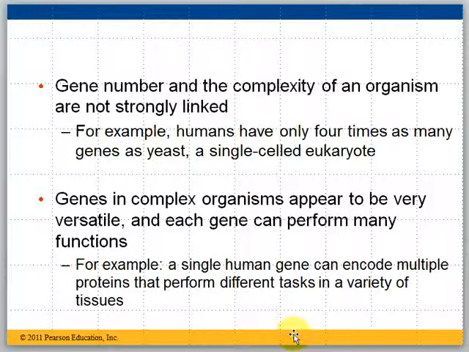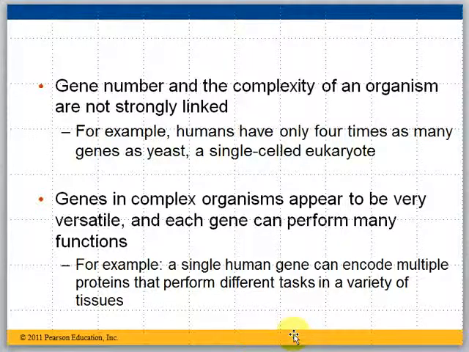It seems that what allows for the complexity is not the number of genes, but the versatility of the genes. In humans, or in a lot of the, perhaps you could call them more advanced, more complex creatures, a single gene can encode multiple proteins that can do multiple jobs depending on how you turn it on or off and how it's affected by some of the other genes we've discussed.